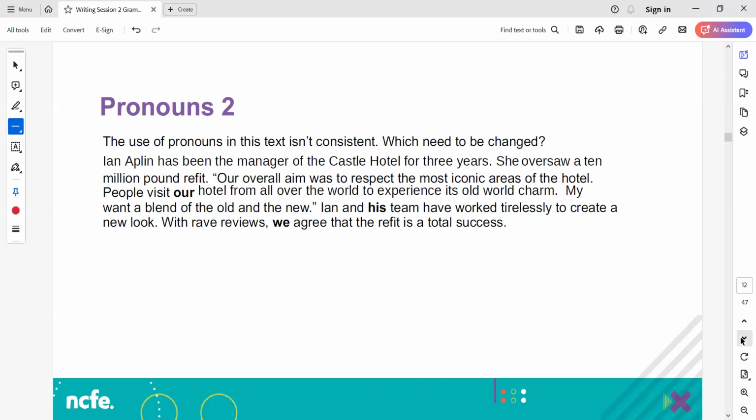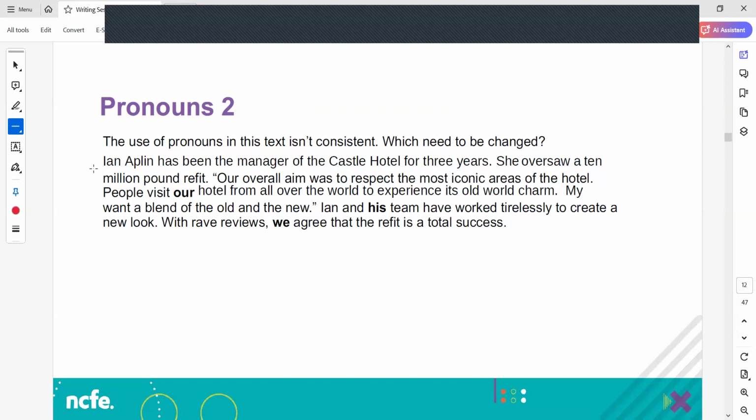People visit our hotel from all over the world to experience its old world charm. I want a blend of the old and the new. Ian and his team have worked tirelessly to create a new look. With rave reviews, we agreed that the refit is a total success. So where are the errors here?